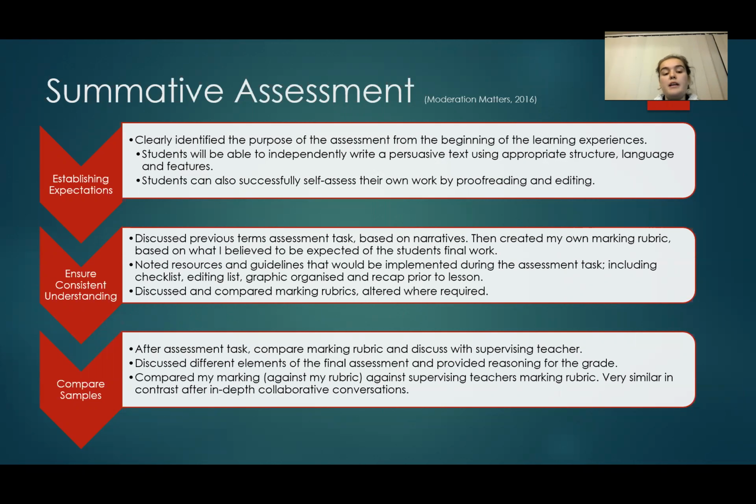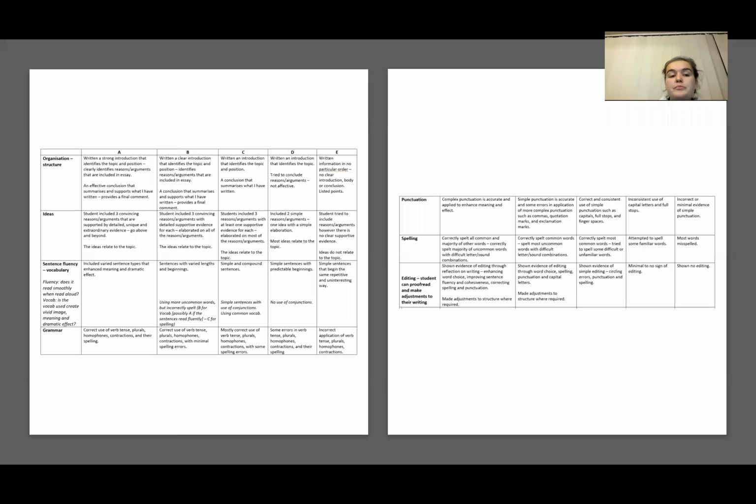And then we also compared our samples. So I marked and then I compared mine with hers, which were quite similar. And so I'm very happy with the outcome of that as well. So the students that I was providing Bs with, she was also providing Bs with, and I was very happy with that outcome. This is the marking criteria that I use.